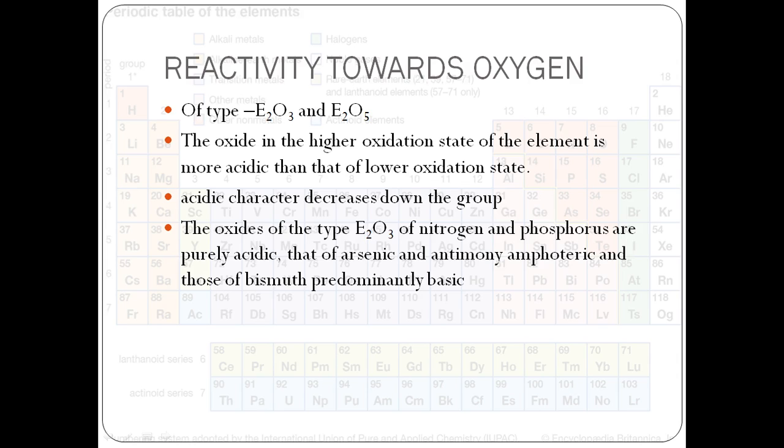Their acidic character decreases down the group. Oxides of type E2O3 of nitrogen and phosphorus are purely acidic. That of arsenic and antimony are amphoteric, and those of bismuth are predominantly basic.